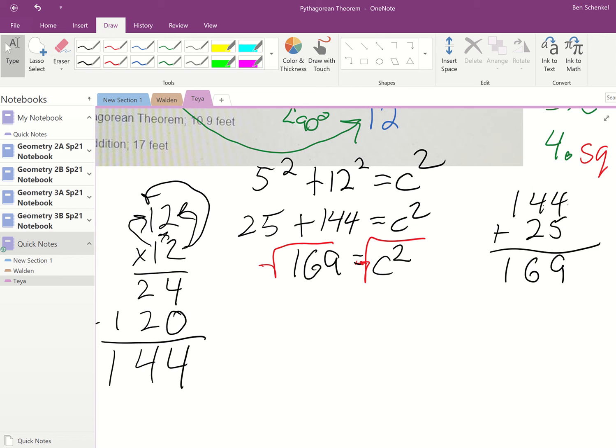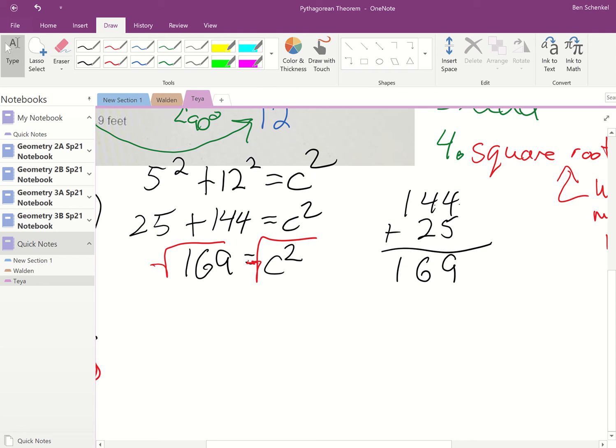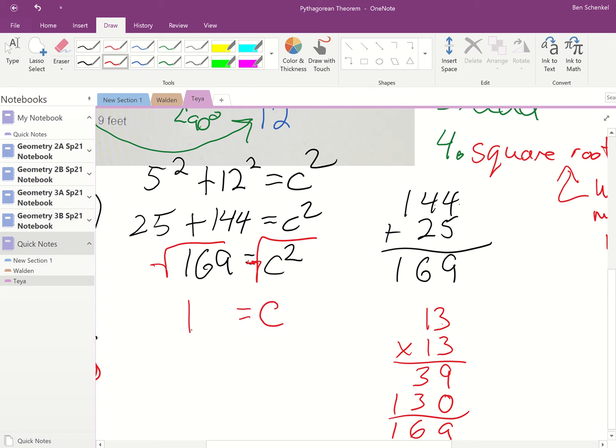Well, just from the problem, 12 times 12 was pretty close. So if we don't know, let's just try 13 and 13. Okay, because 144 is close, so let's go up a little bit. I multiply, just doing my long multiplication here again, add those together. So I know 13 times 13 is 169, so I know the measure of that diagonal side would be 13.